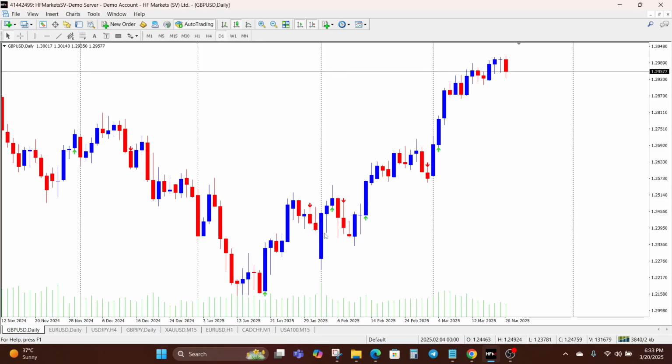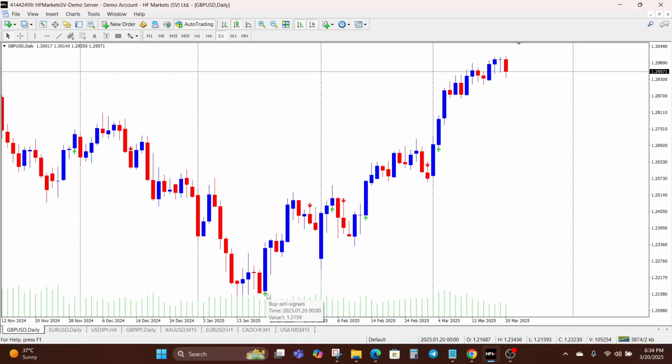So what is the buy sell signals arrows indicator? It is a momentum based trading tool that analyzes price action and detects momentum reversals. A green upward arrow that appears below the candlesticks shows that there is bullish momentum.